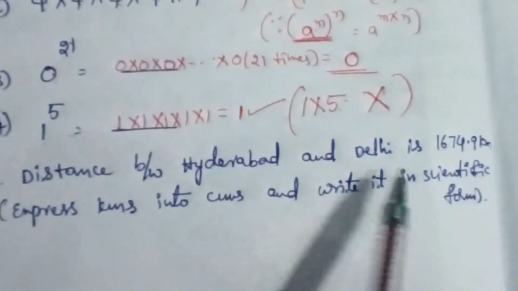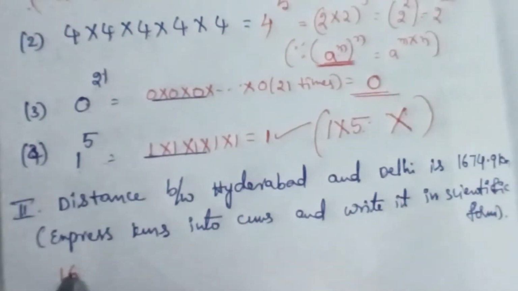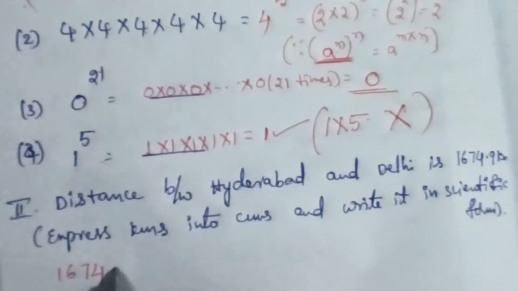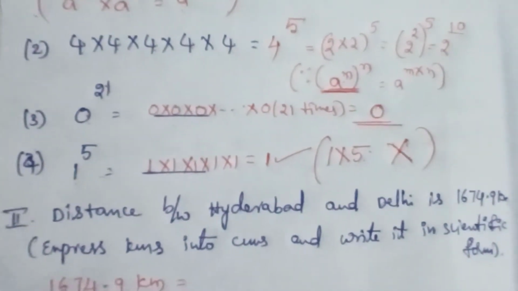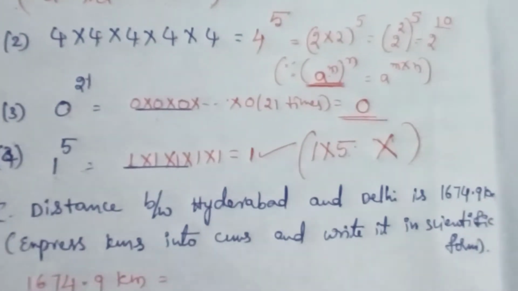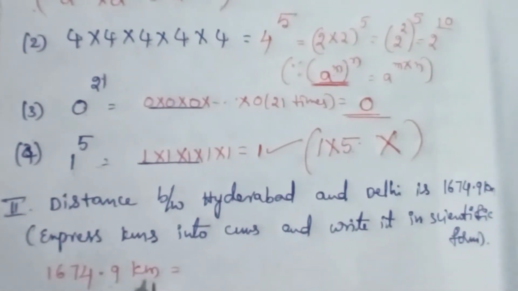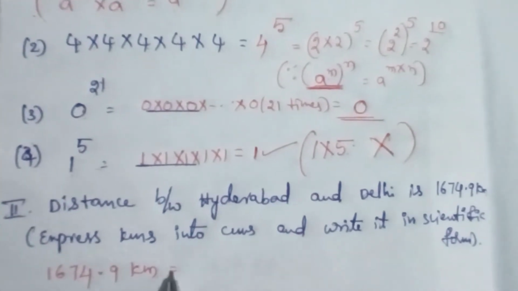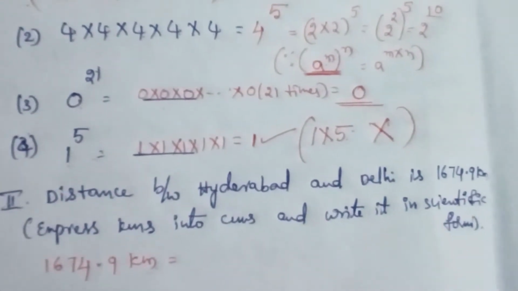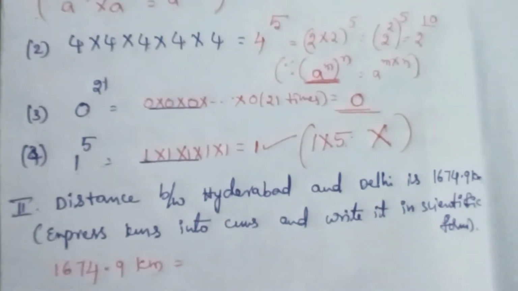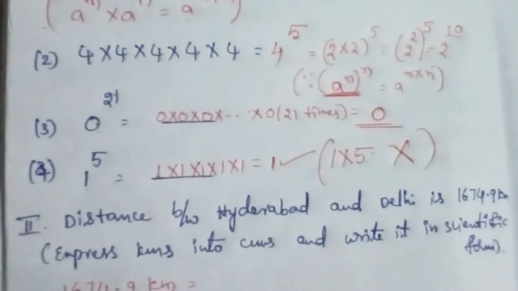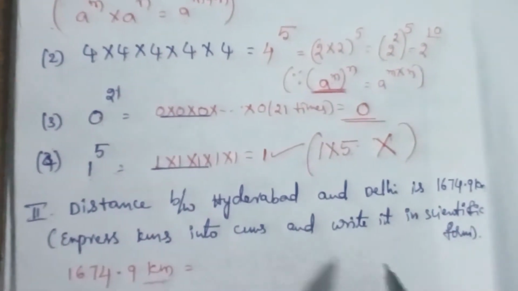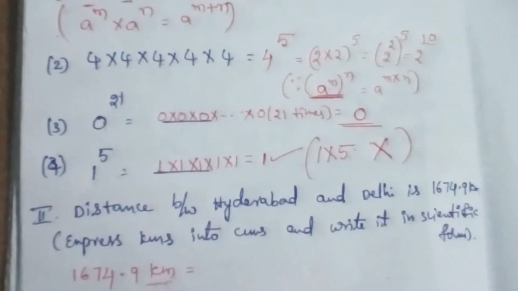Okay, next, the distance between Hyderabad and Delhi, 1674.9 kilometers, now we have to convert this kilometers into meters. Kilometer is greater than meter, that's why when we convert kilometers into meters, we multiply with 1000.